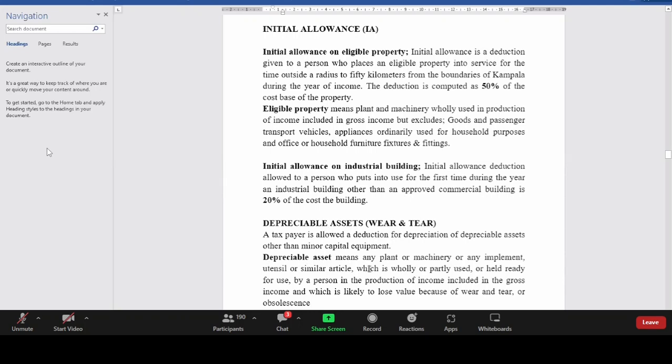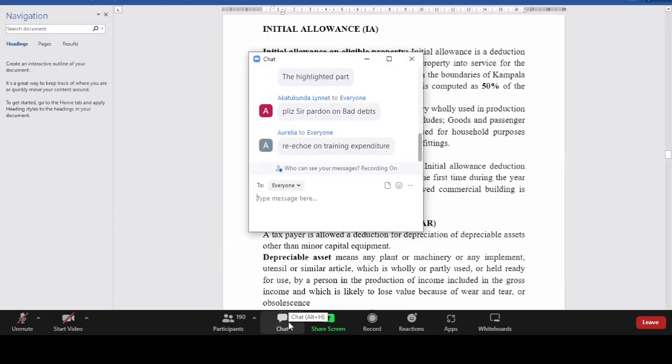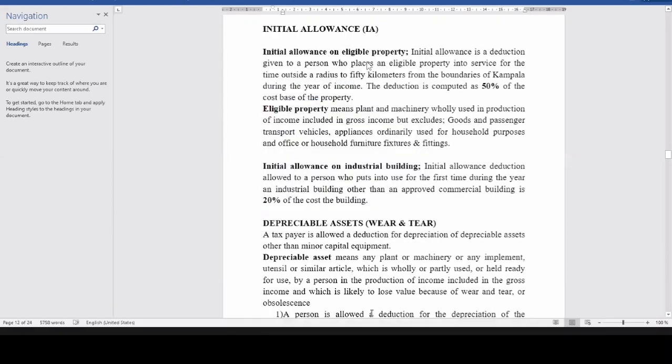Depreciable assets means any plant or machinery, any implement, utensil, or a similar article, which is wholly, partly used or held ready for use by a person in production of income, including the gross income, and which is likely to lose value because of wear and tear or obsolescence.